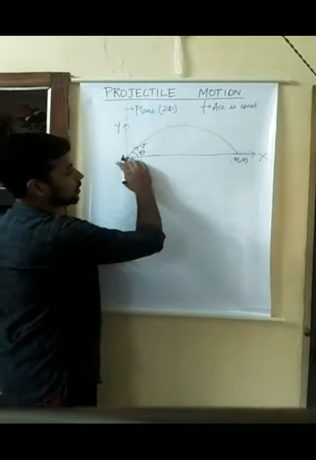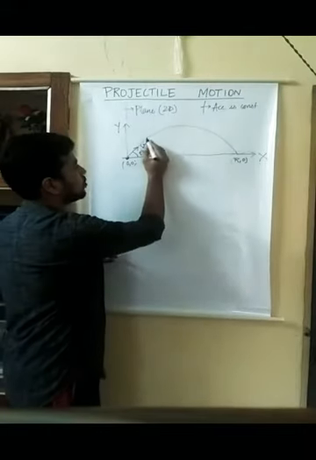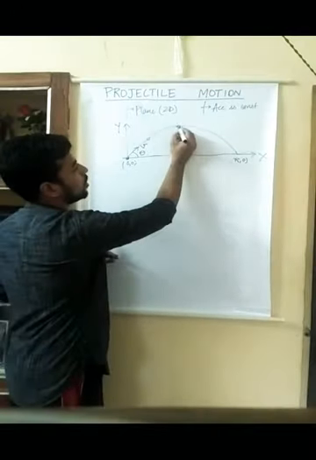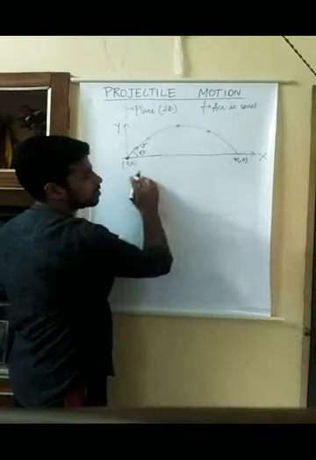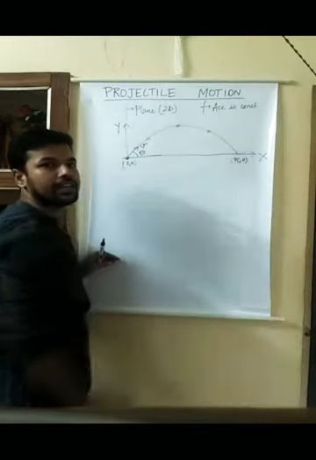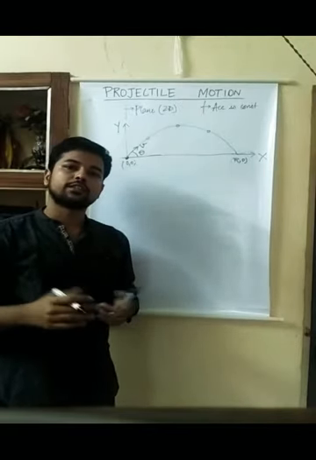Now it is thrown at an angle theta. This particle goes on and reaches a maximum height. Then it falls back and covers some distance in the x direction. So how to analyze this problem?